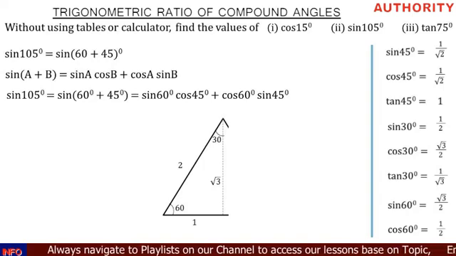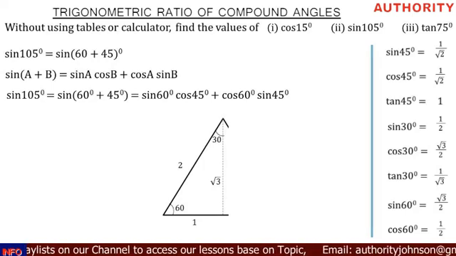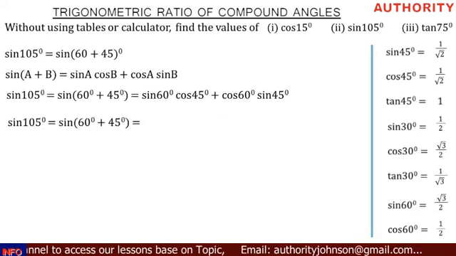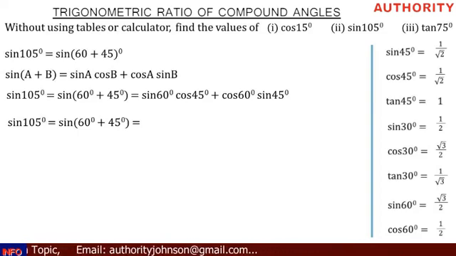Now from here, in this expression, let's fix their true values. Sine 105 degrees is equal to sine of (60 degrees plus 45 degrees), which is equal to sine 60 cos 45 degrees plus cos 60 degrees sine 45 degrees.